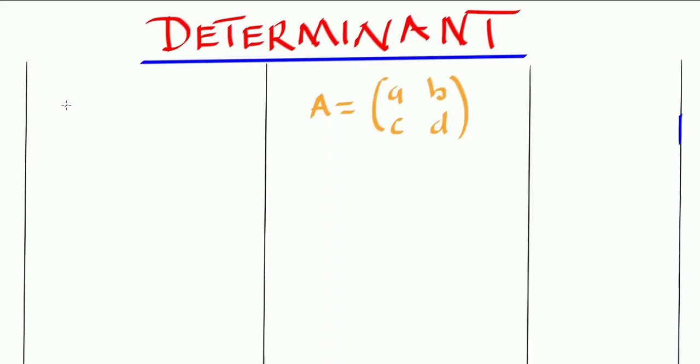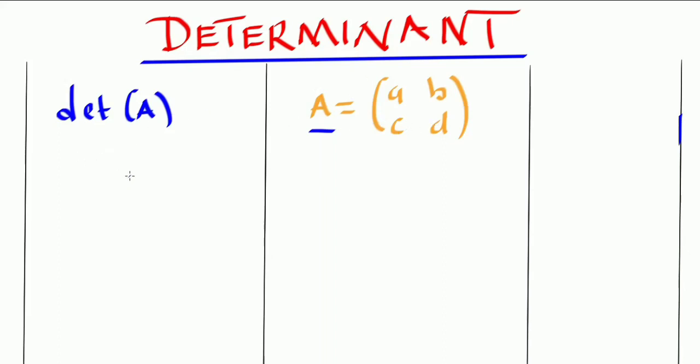there are ways in which determinant is denoted. Whenever you see D, E, T, and then A, it means they want you to find the determinant of this matrix right here, because this is matrix A. If they say find det A, they want you to find the determinant.